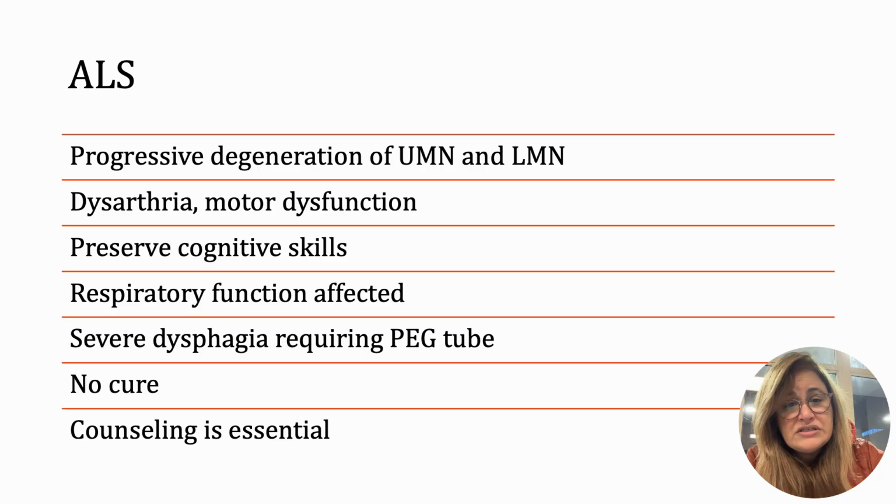Respiratory function is affected, therefore protection of the airway, coughing and helping to protect the airways is harder for them, and they will require use of PEG as an alternative feeding method. A PEG tube is something that I, as a specialist in swallowing, don't love for our clients to have, but in cases like ALS, sometimes the need for a PEG is imminent. There's no cure, and a lot of counseling is needed for this population.